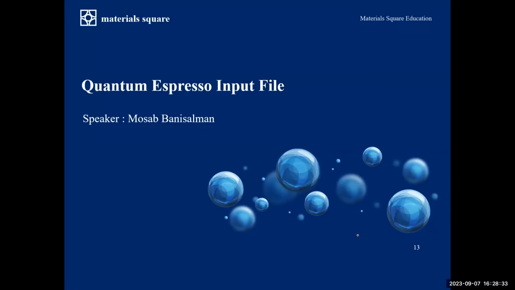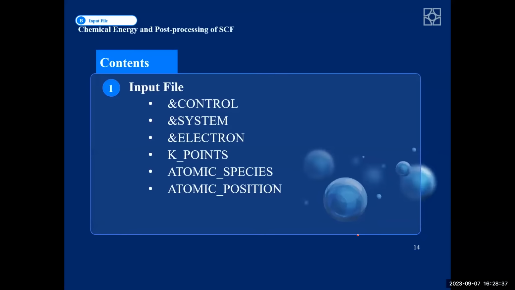The most important thing in Quantum Espresso is something called the input file. So what is the input file? The input file is a kind of tool or script. If you are a researcher, how can you send your ideas into the computer? Suppose this is the computer. How can you tell the computer to calculate maybe the absorption energy, density of states, or any kind of calculation?